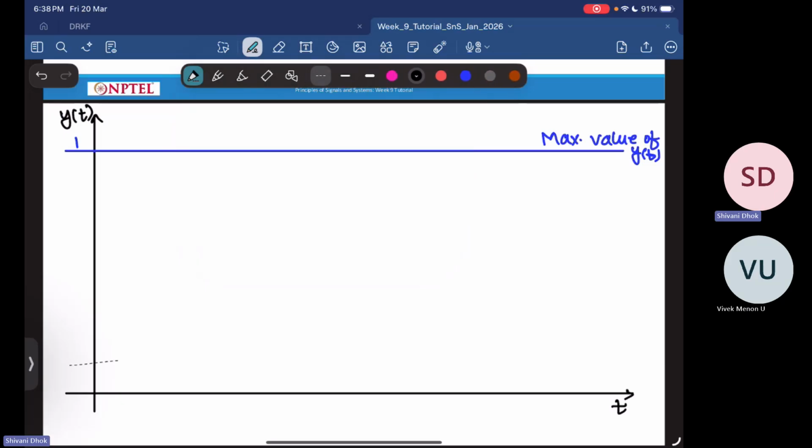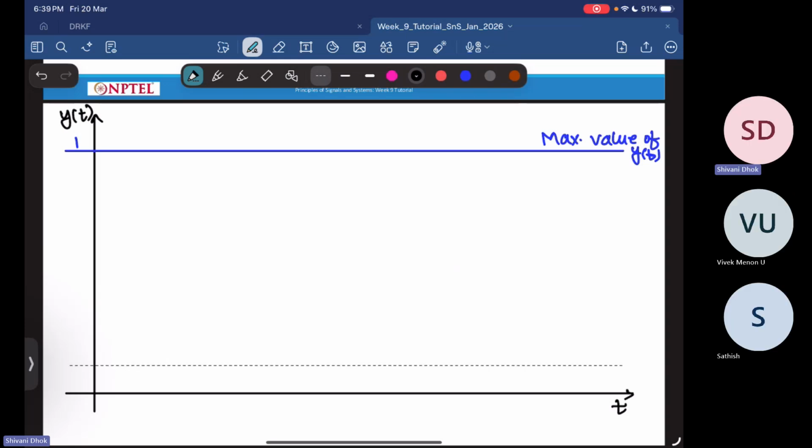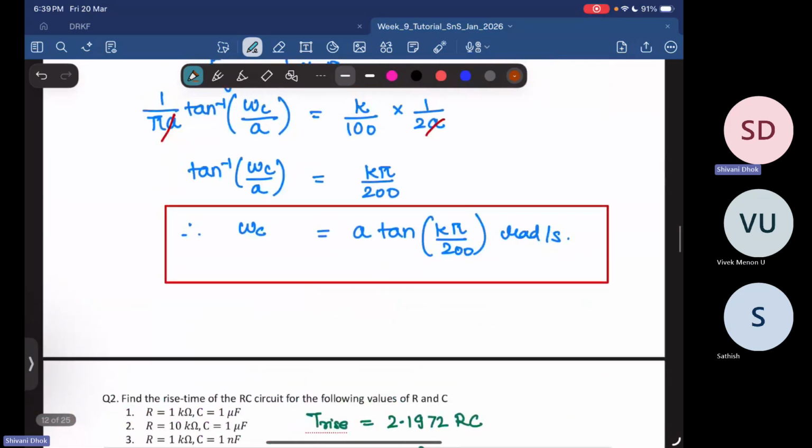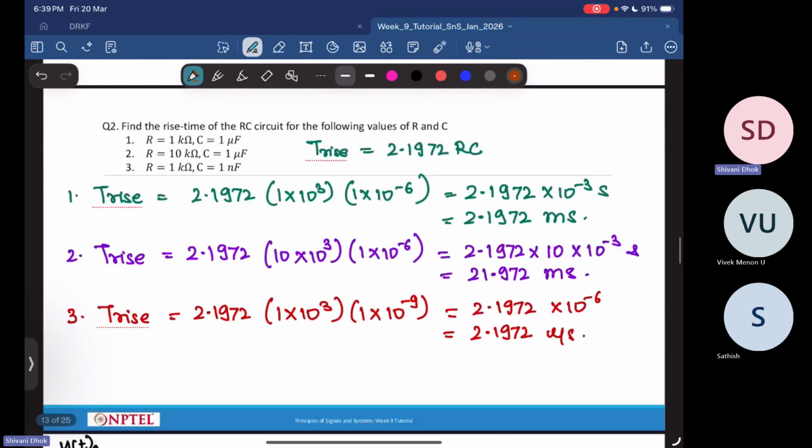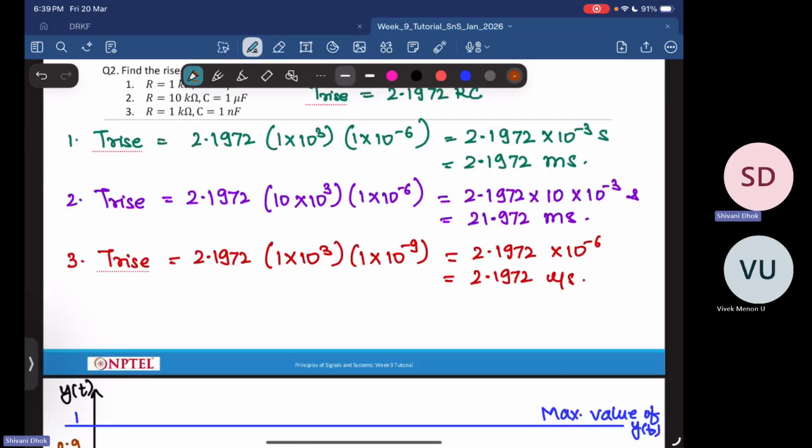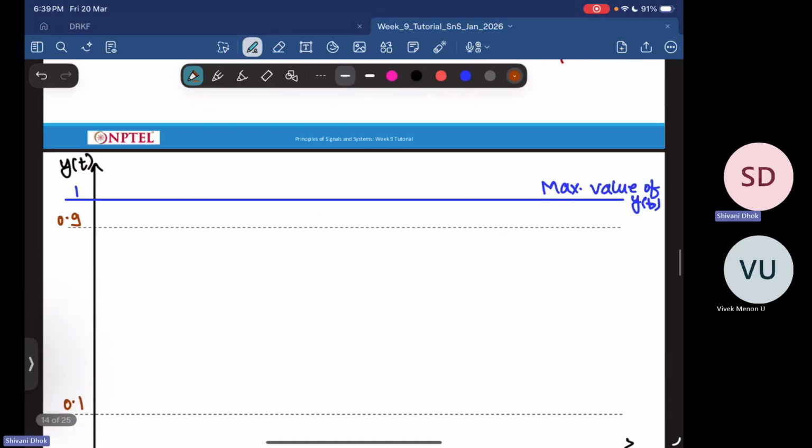So you have 0.1. You have 0.9 as the 90% value. Okay, so this is your 0.9 and this is 0.1. Now let us look at the first value of T rise, that is 2.1972 milliseconds.